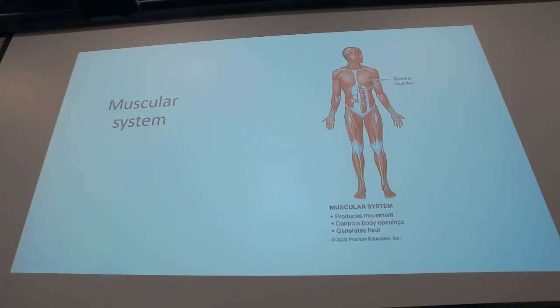Muscular system function is to produce movement, locomotion, control body openings. Our mouth is surrounded by a sphincter, which helps us to close our mouth or open it.